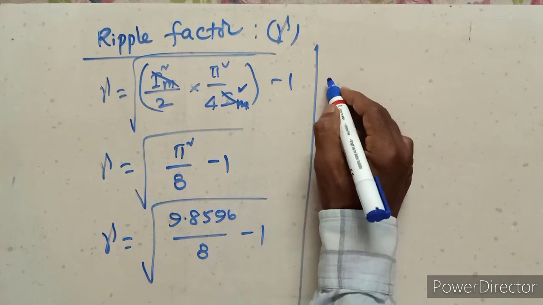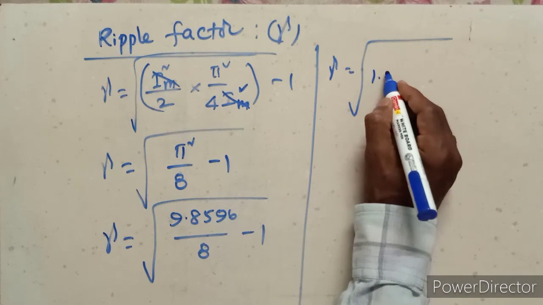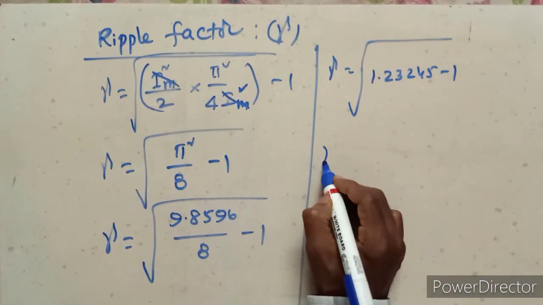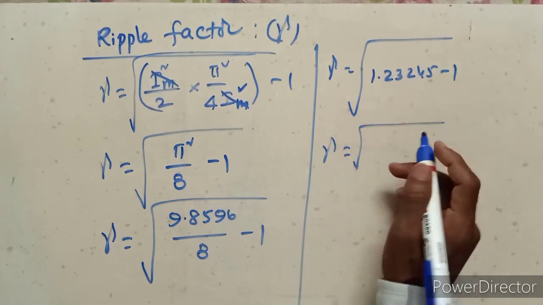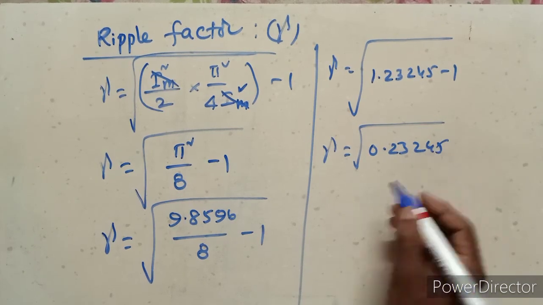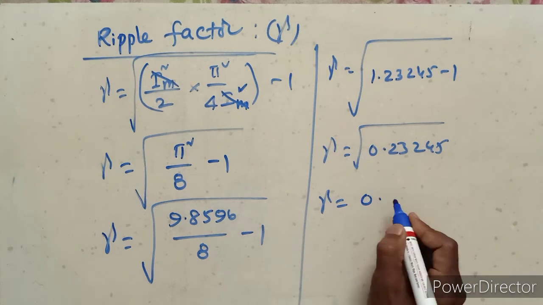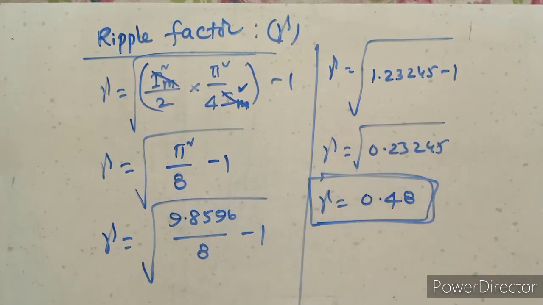This value is under root of 1.23245 minus 1, which is 0.23245. Eta equals under root 0.23245, which equals 0.48. This is the ripple factor.